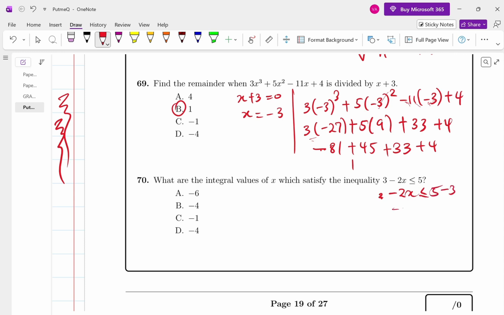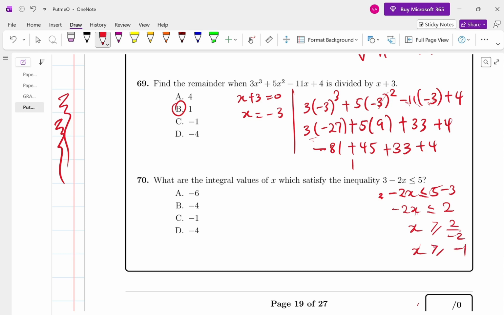So minus 2x is less than or equal to 2. To get x, we divide by minus 2. So x is 2 divided by minus 2, which is minus 1. So x is greater than or equal to minus 1.